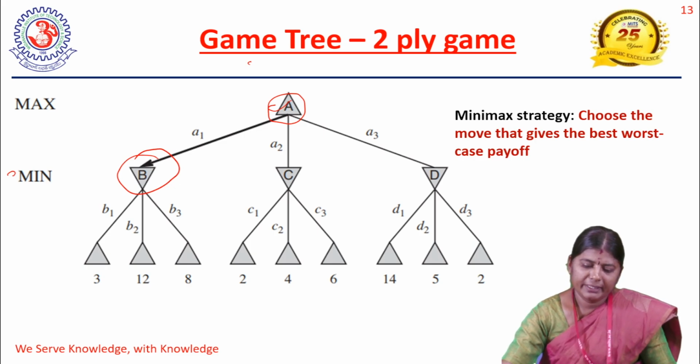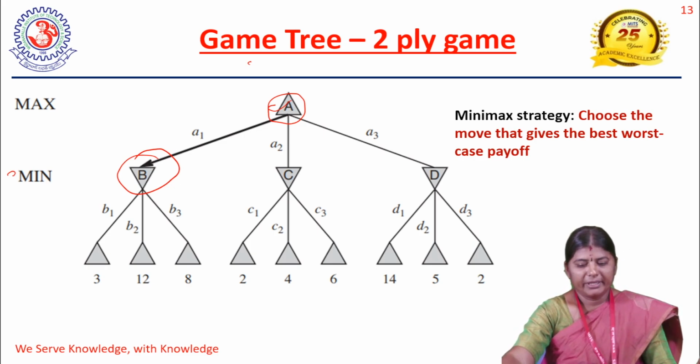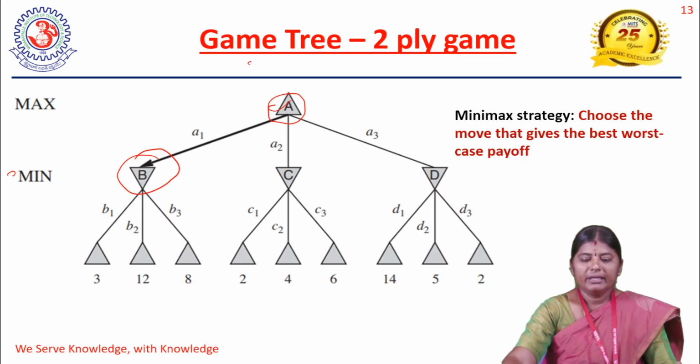Always the max player takes his turn to play first. The max player takes the possible actions A1, A2 and A3. There are three possible actions for the max player. He can choose the best out of A1, A2, A3.